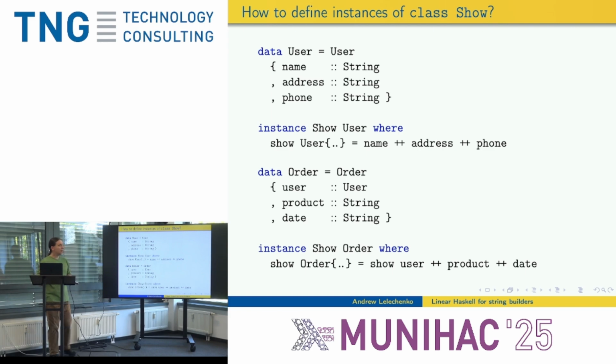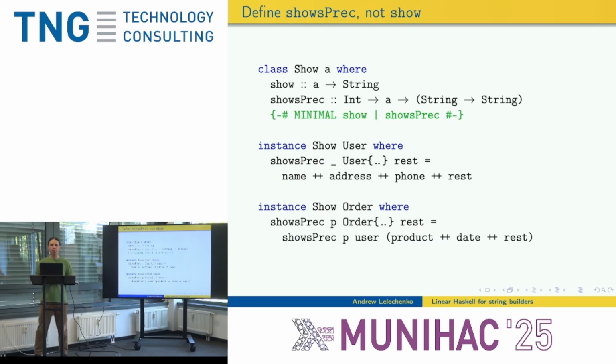great ancients, the designers of type class Show, actually knew about this issue. And if you actually look at how class Show is defined, it has 2 operations. It has a simple one, which is just show. And it also has this funny looking one, showsPrec. We'll skip what this first argument is doing.